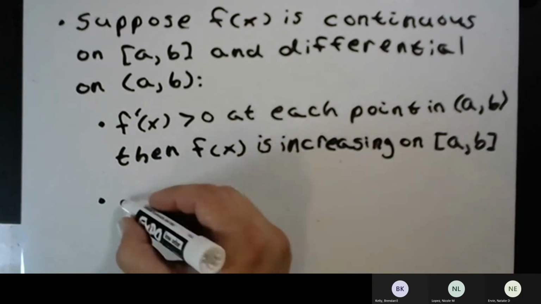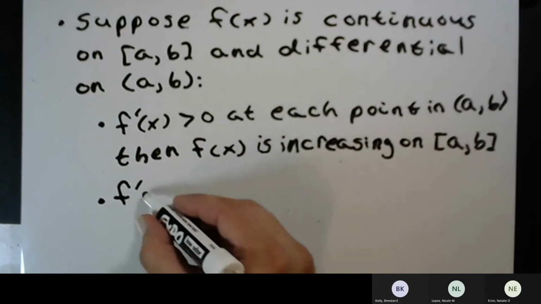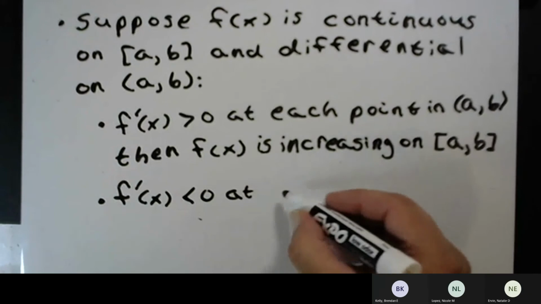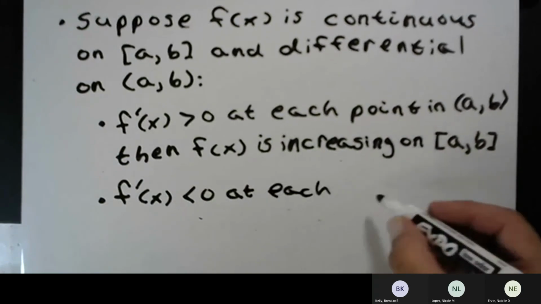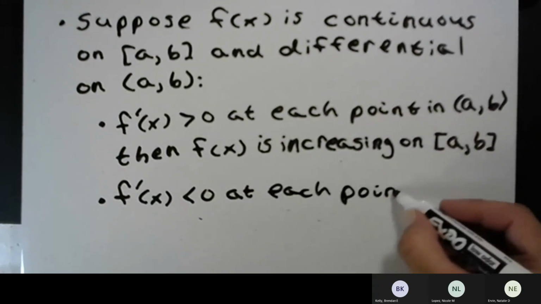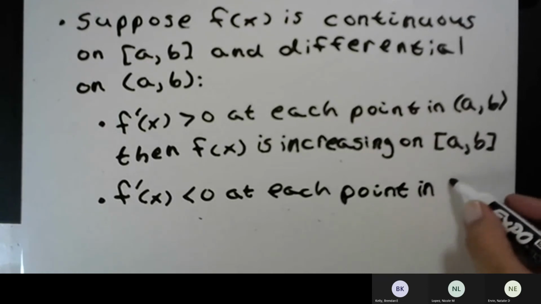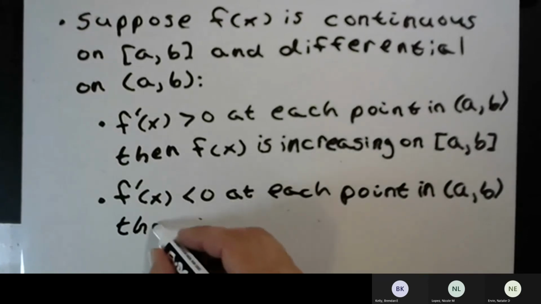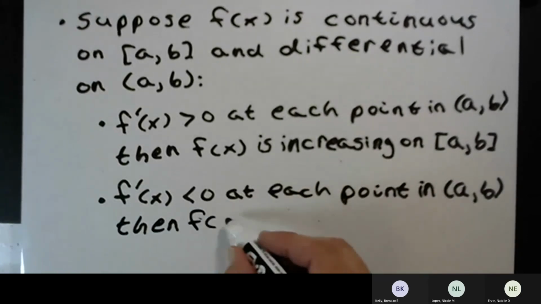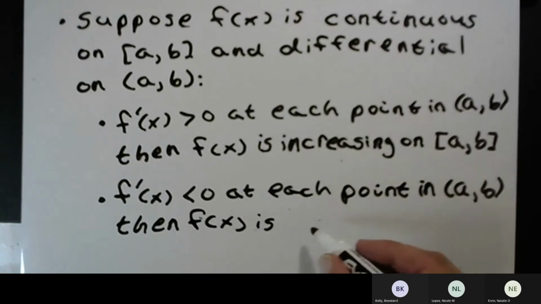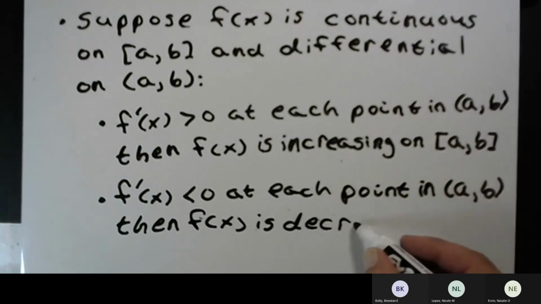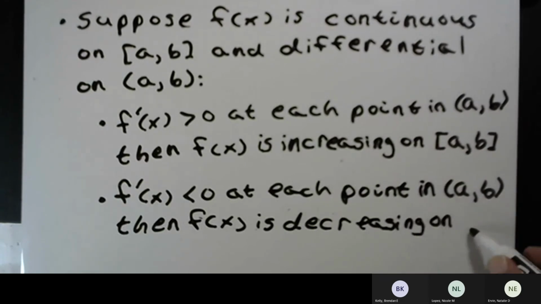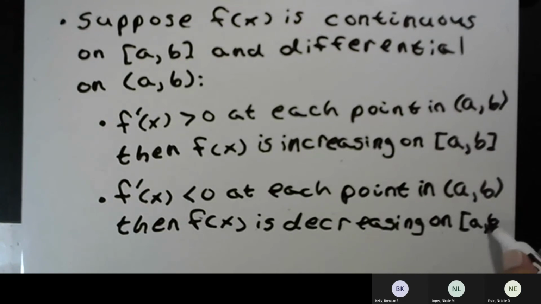And then to go with this, if f prime of x is less than 0 at each point in AB, then f of x is decreasing on the entire closed interval.